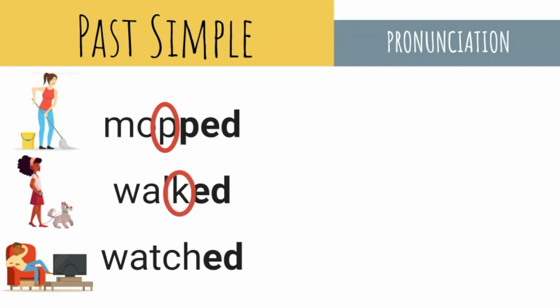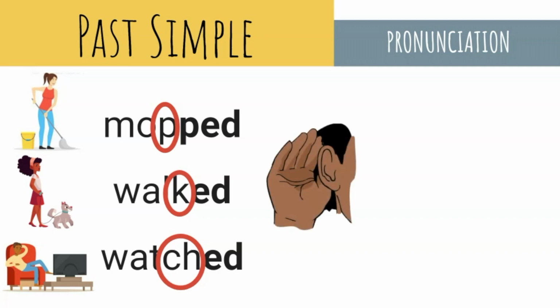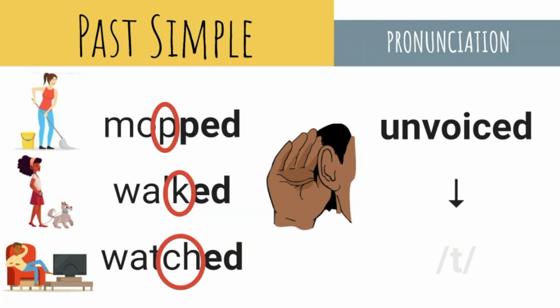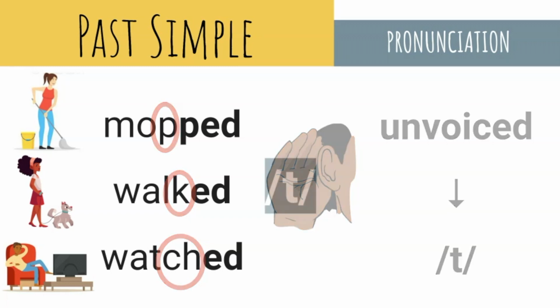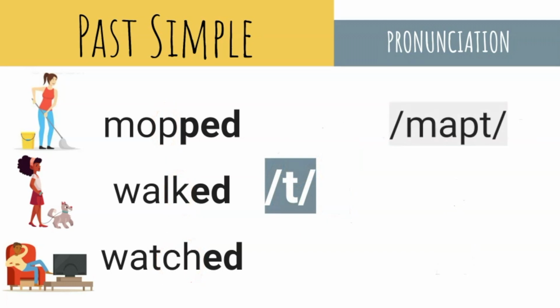Watch, ch. These are all unvoiced: p, k, ch. Since they are unvoiced, they will get the t pronunciation. So we have mopped, walked, watched.